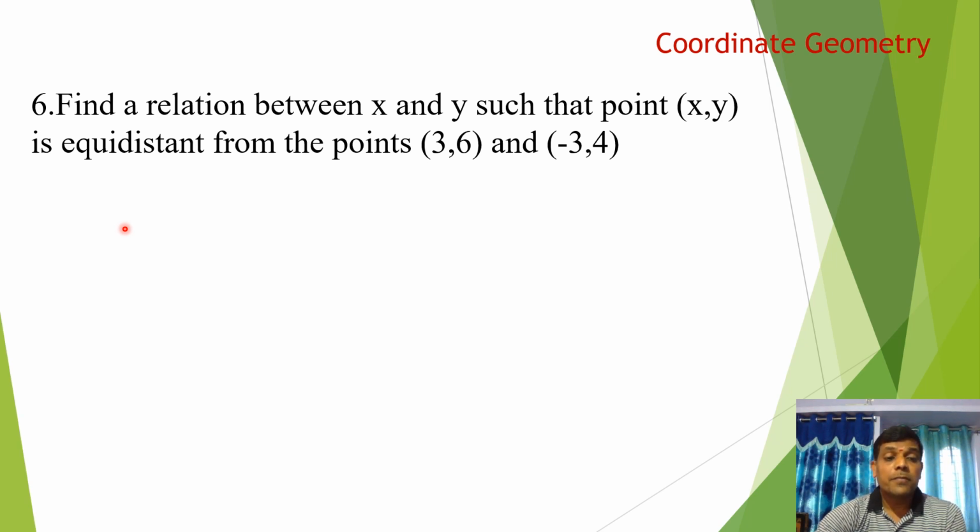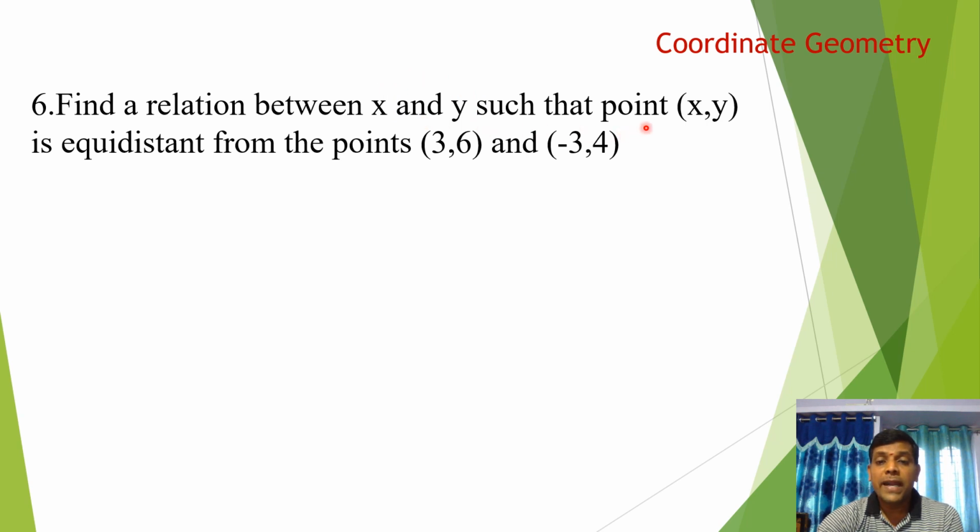Coming to the next question. Find the relation between x and y such that the point x comma y is equidistant from the points 3 comma 6 and minus 3 comma 4. What is the given condition? Find the relation between x and y. Write the relation between x and y.